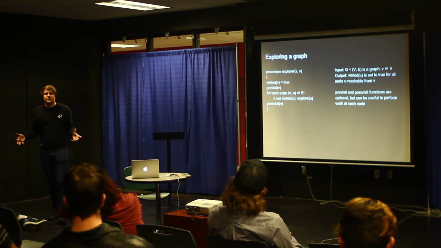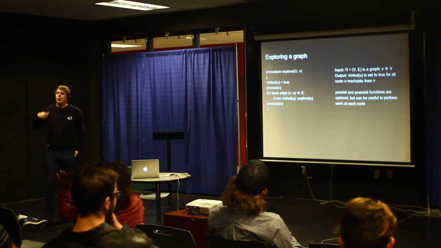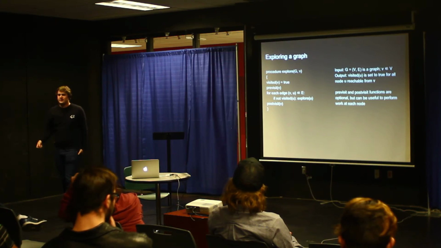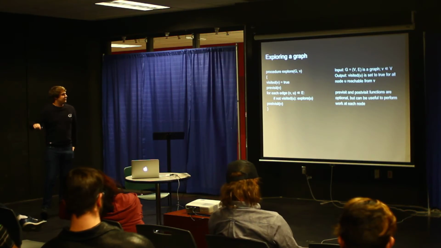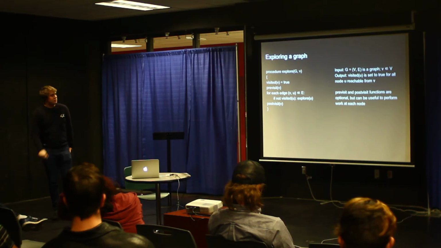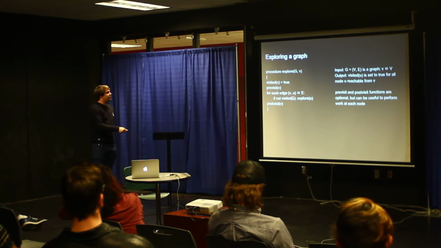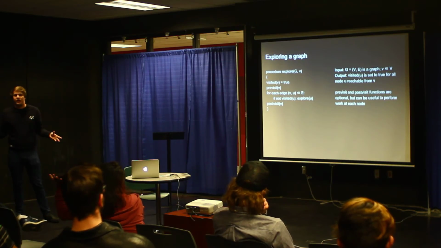You can do a whole bunch of different things with them, but the idea is that you can use these to do work at any given node, as you enter a node or as you leave a node. And then for each edge that goes from v to u within the edges, if it's not visited, explore. So you should go to the next one and check and see, and then repeat this while you're there.